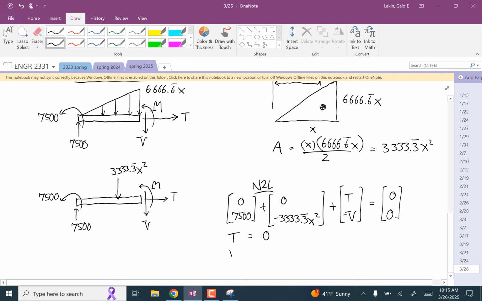So T is equal to 0, V is equal to negative 3333.3 x squared plus 7,500.